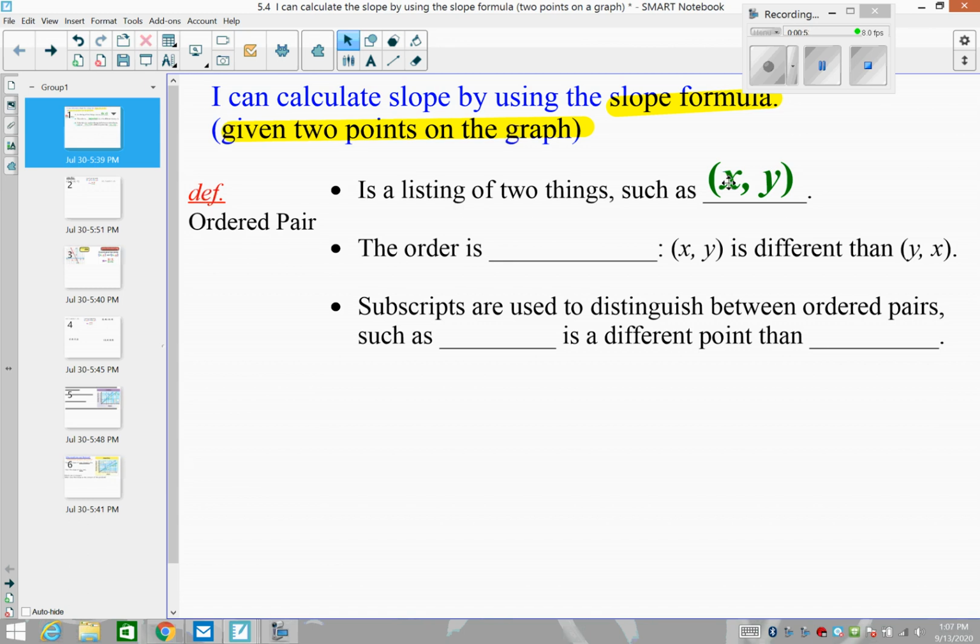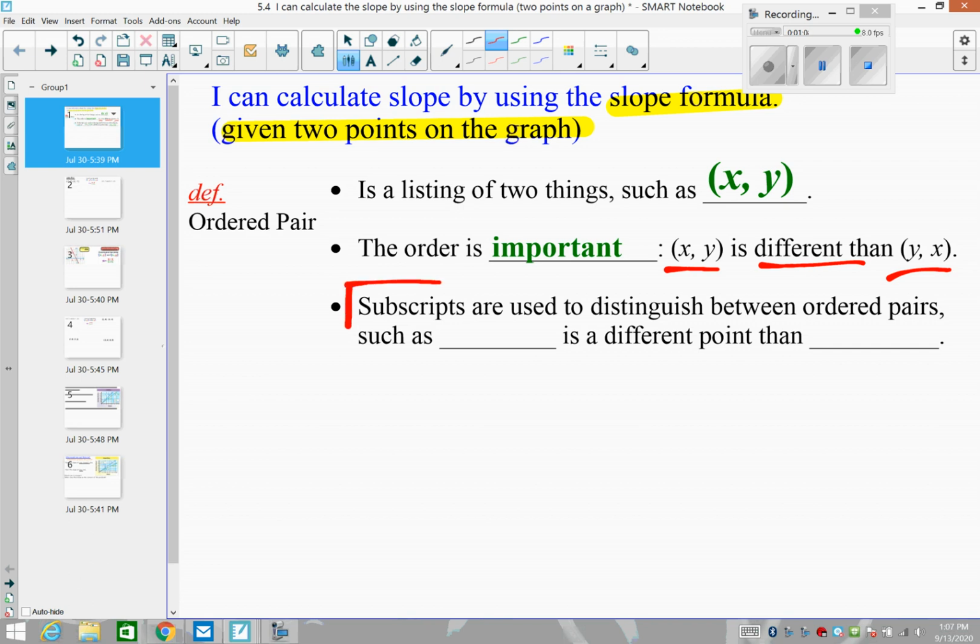We'd identify them and draw a rectangle. The order is super important. That's good to know. That xy is very, very different than yx. So you can't just flip them because it works better for you, because that means it's in a different location. Subscripts, sub meaning below, are used to distinguish between the ordered pairs, such as x1, y1 is different than x number 2, y number 2.